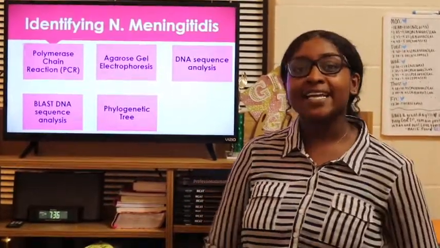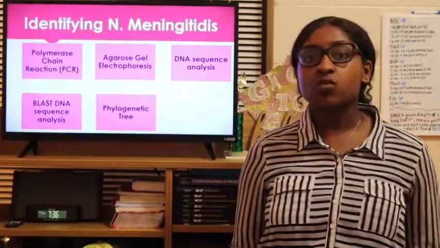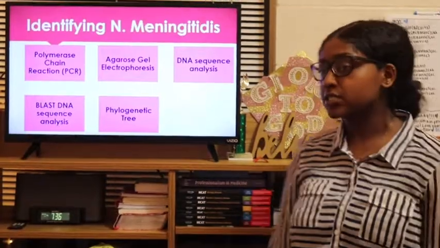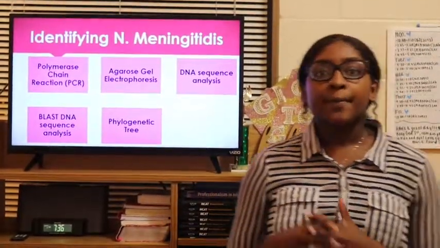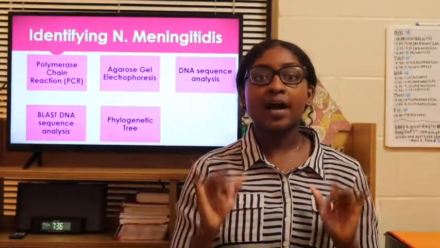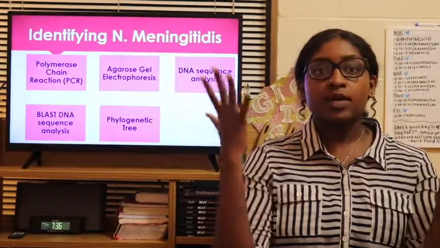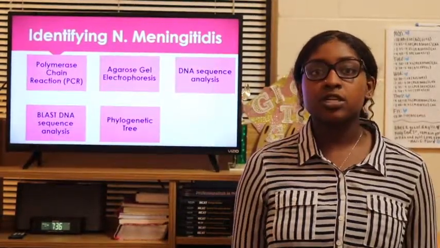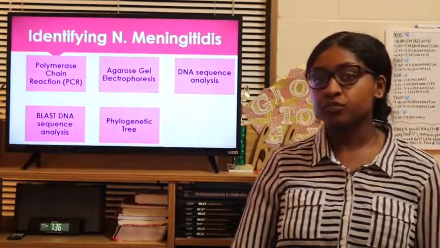Next, after obtaining a DNA sequence, we could submit it into a database for analysis, which brings us to DNA sequence analysis. In a few minutes, you will see the actual DNA sequence, and we copy and paste it into a database. What pulls up are different results of what this pathogen might be.